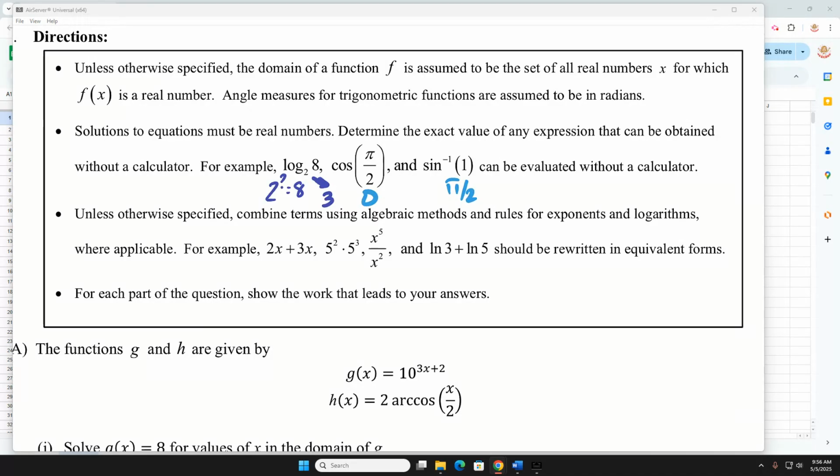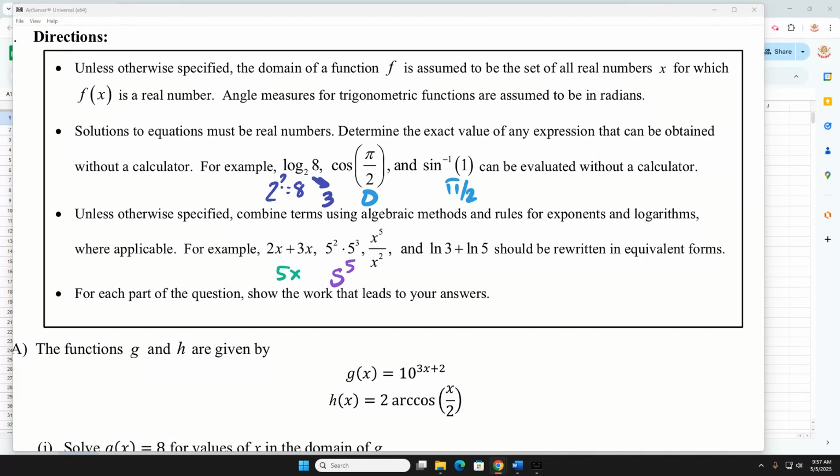Also, if you have something algebraic that you need to simplify, so just adding 2x and 3x, you need to actually add that. If you have 5 to the second times 5 to the third, what should that give you? 5 to the what? Fifth. They probably don't want you to find 5 to the fifth because that would take forever. So just leave it, 5 to the fifth.